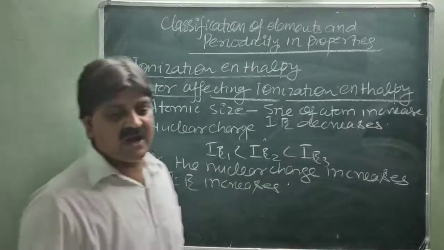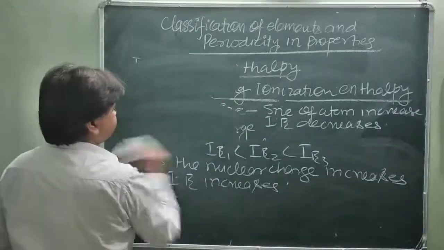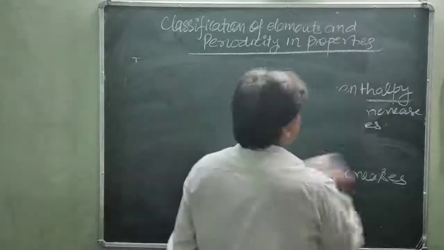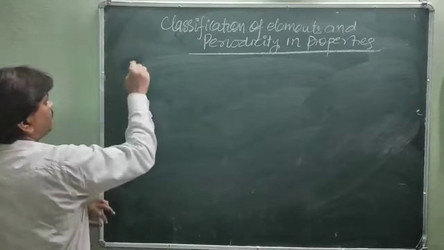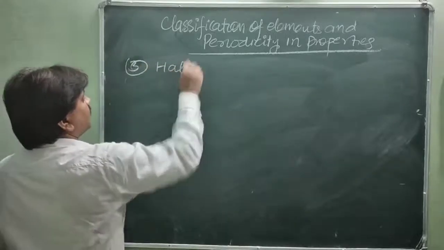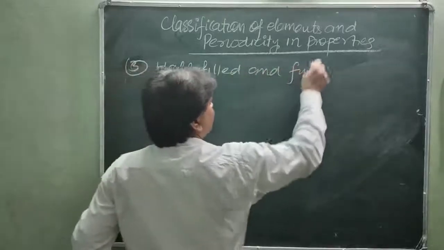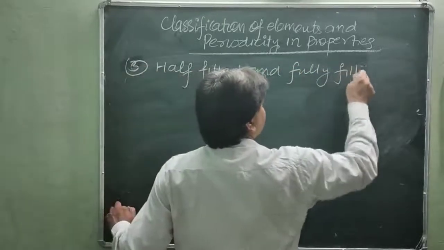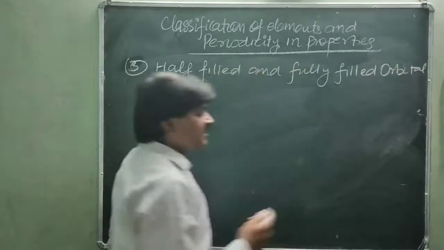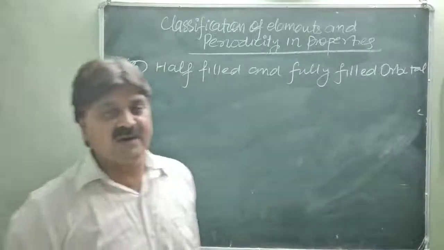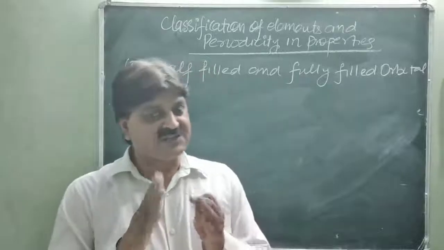Third one we are coming to: half filled and fully filled orbitals. What is the factor of these half filled and fully filled orbitals? Actually, we know that atoms achieve their stability in certain states.